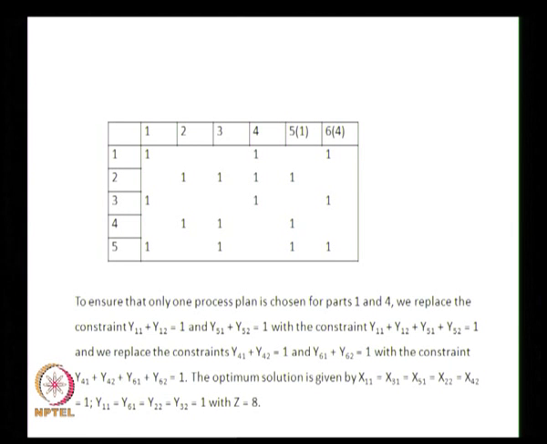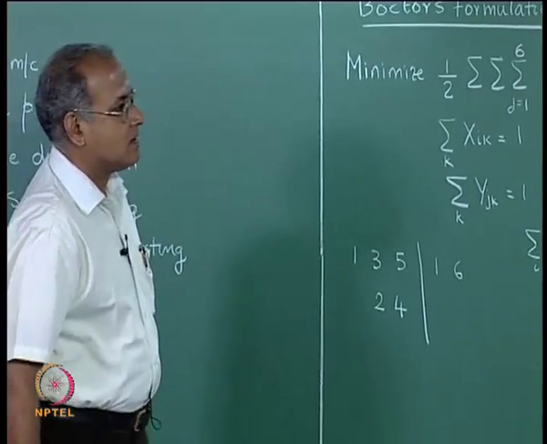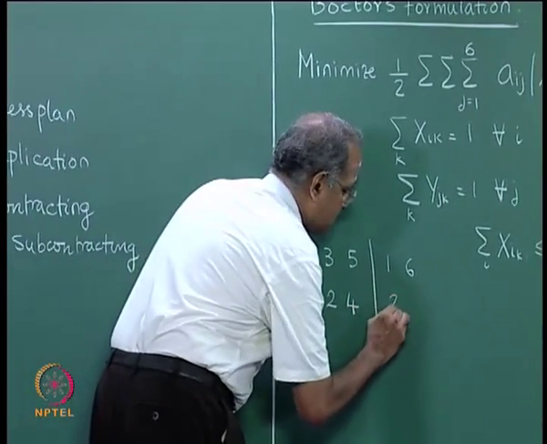So, 1 and 6 are chosen and 2 and 3 are chosen.